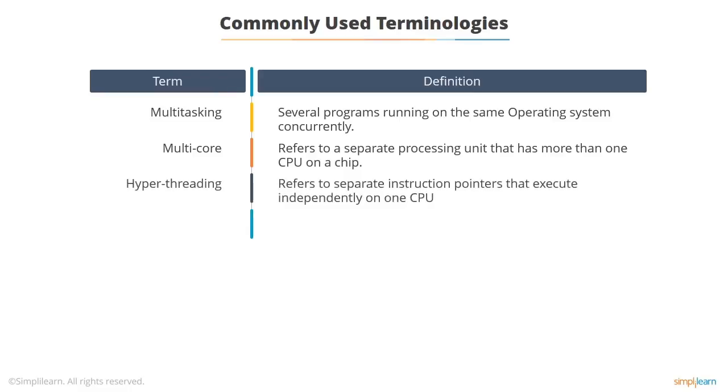I use the word core for an individual processing unit rather than the actual chip itself, the central processing unit chip, which may have several. Each individual core typically has several instruction pointers, so it can execute 2 or more programs concurrently on the same core, and that's hyperthreading, which most CPUs these days have, 2 hyperthreads per core.